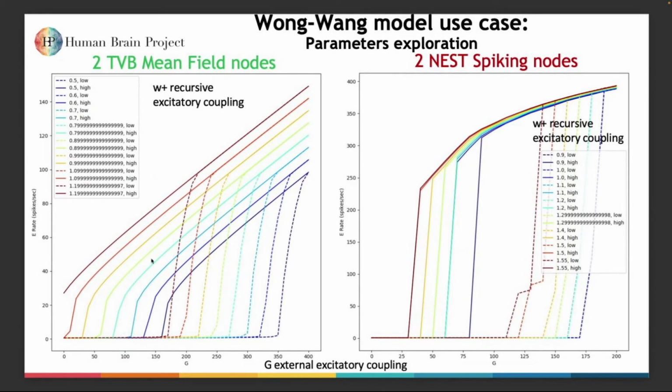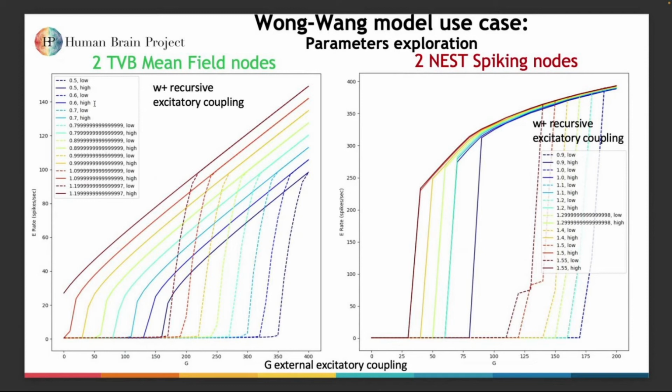And what we see in both cases is that actually this model can show bistability in the sense that there is a low activity equilibrium point as well as a high activity equilibrium point. And for some regions of these two parameters, both states can be stable, so both states can appear.